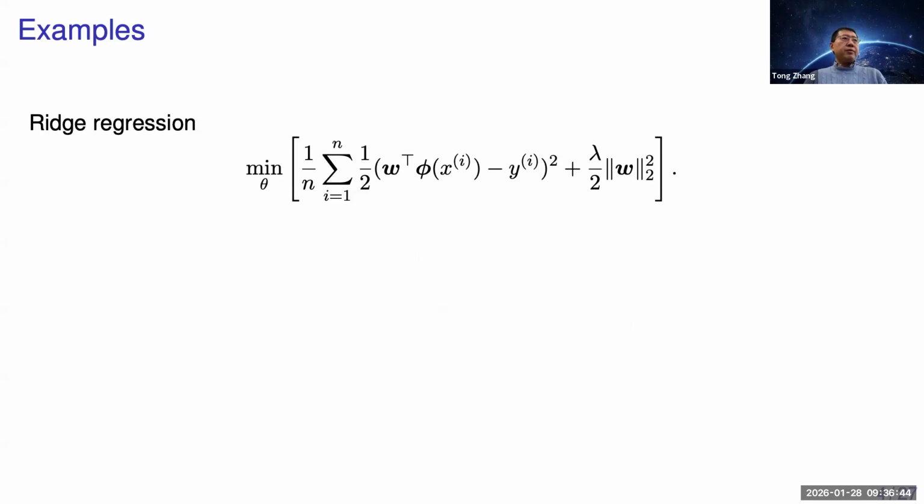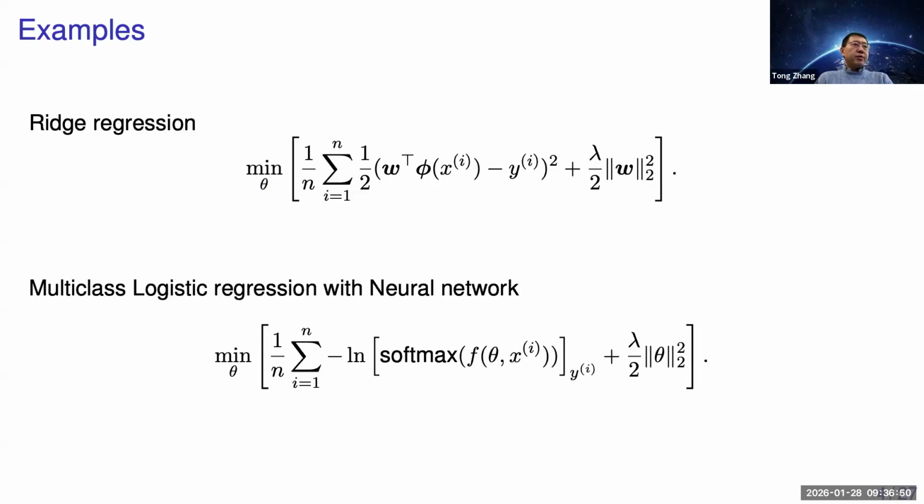Basically, this is ridge regression, classical machine learning, and logistic regression for neural nets. We showed this last lecture. This is basically your output passed through softmax. This loss is a negative log likelihood loss, the negative log of your likelihood.